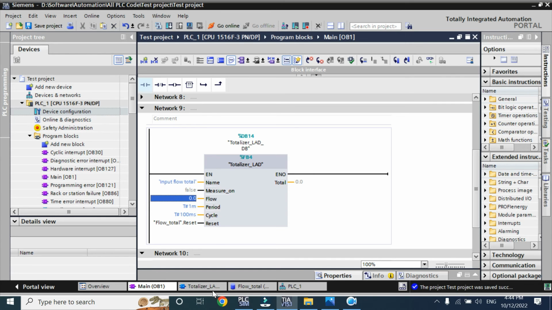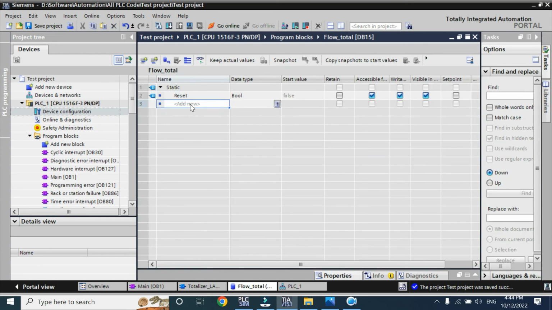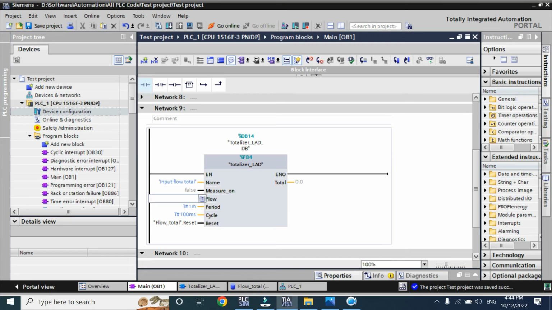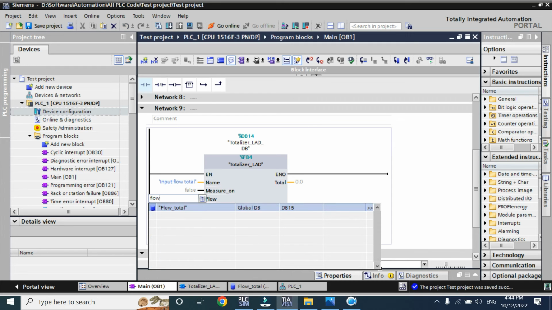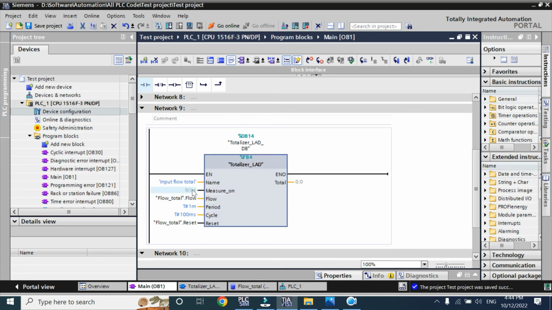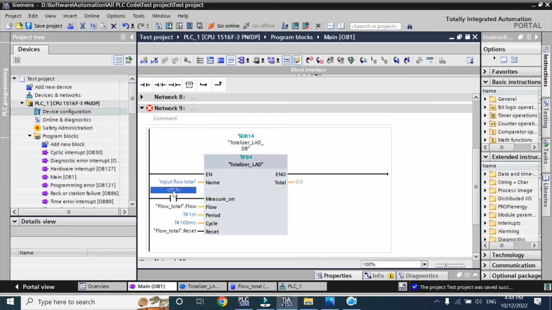So here I will give a tag flow, it is in real. Okay, it is in real, so here I will use flow total flow here. So which one will be measured, suppose I will use a pulse.